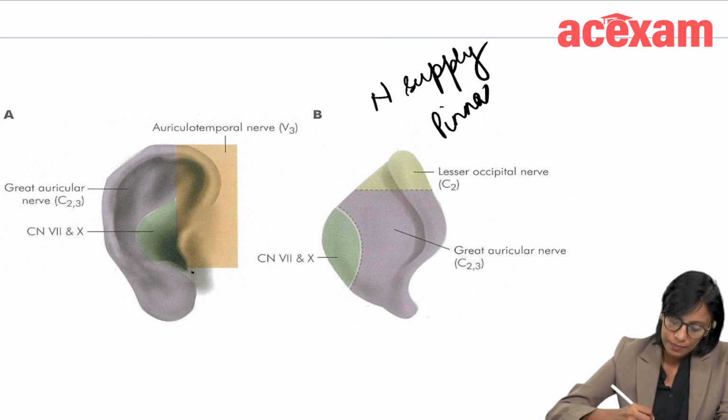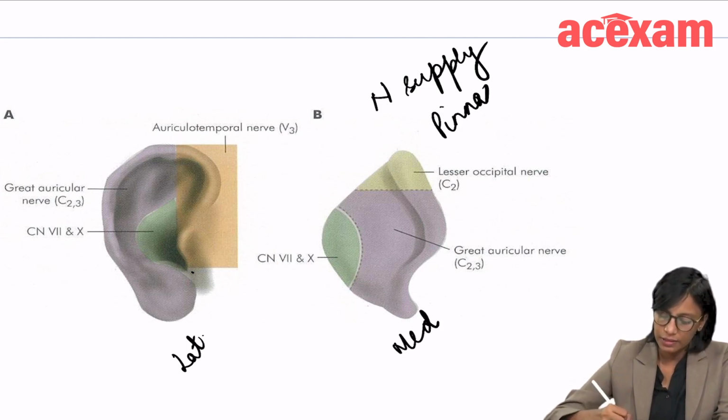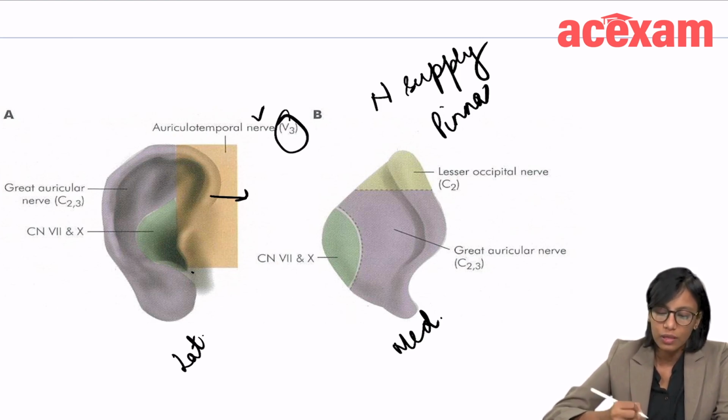So this is the lateral surface of Pinna and this is the medial surface. Here you can see this anterior part is supplied by the auriculotemporal nerve, which is the branch of V3 or the mandibular division of the trigeminal nerve.